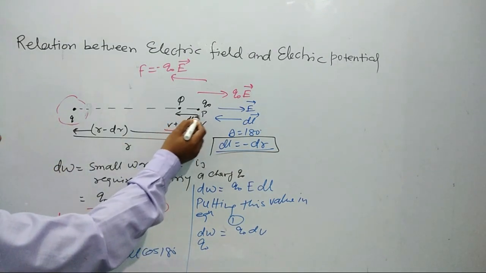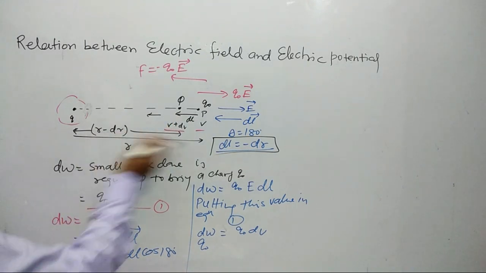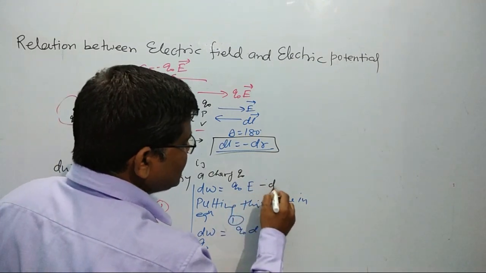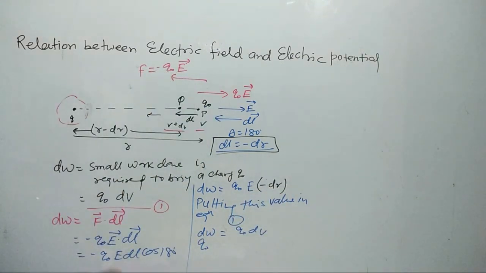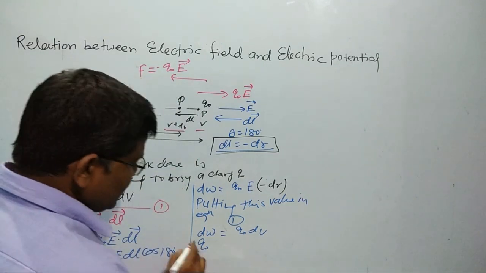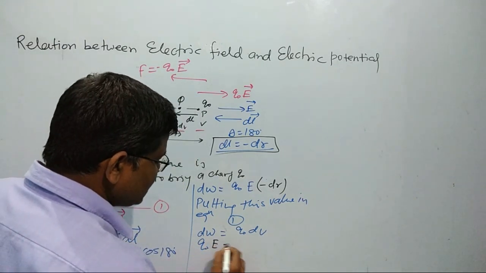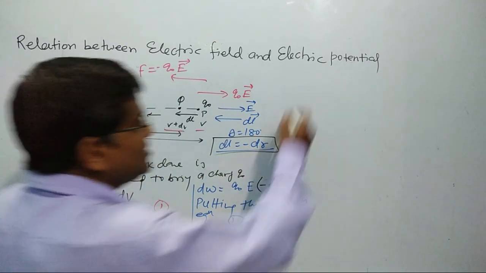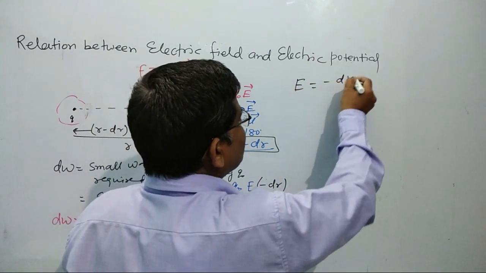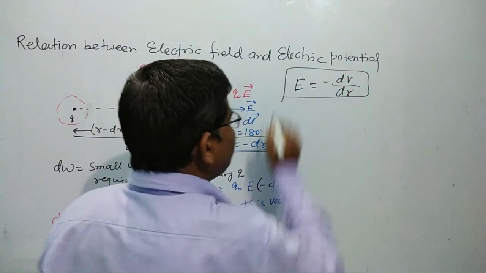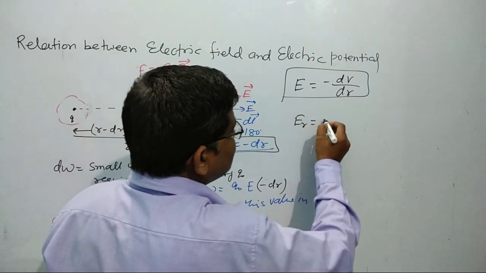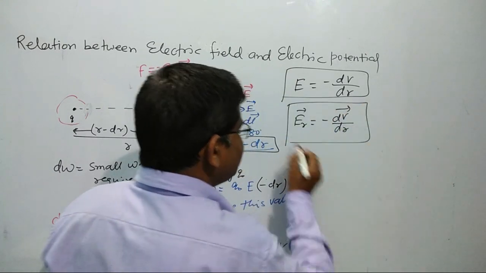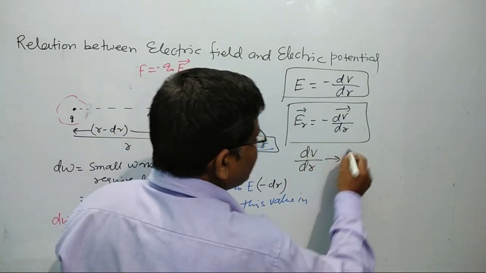Here dl is in this direction and r is decreasing, and that's why I consider dl equal to minus dr. So here I am writing Q naught E into minus dr is equal to Q naught dV. Q naught cancels, therefore electric field equals minus dV by dr. You may write it in vector form, E equal to minus dV by dr r-hat. And dV by dr is called the potential gradient.